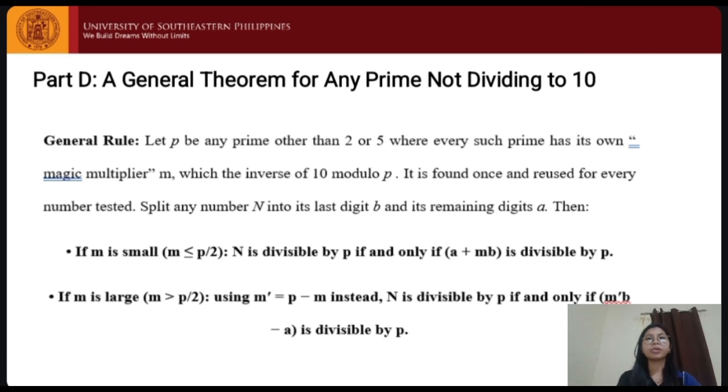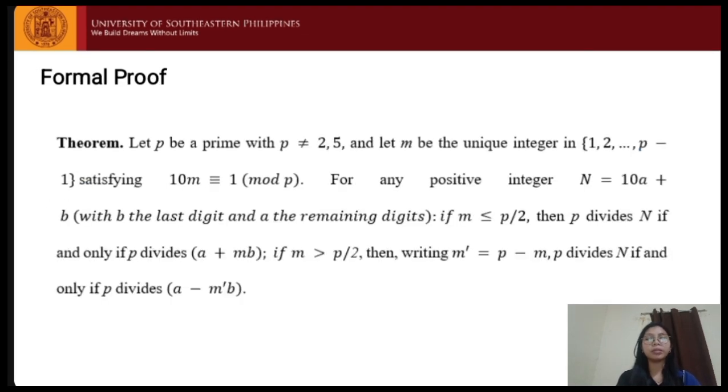So this is our next slide. We have here the formal proof. To formally prove the theorem, we begin by letting p be any prime number other than 2 or 5. Since p and 10 are relatively prime, the extended Euclidean algorithm guarantees that 10 has a unique multiplicative inverse modulo p.